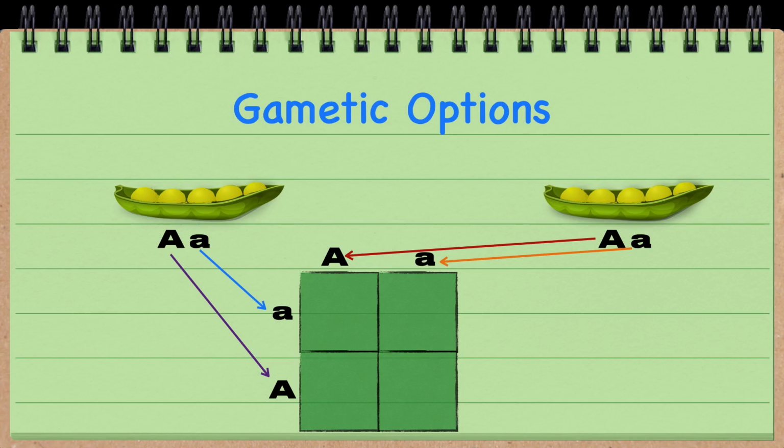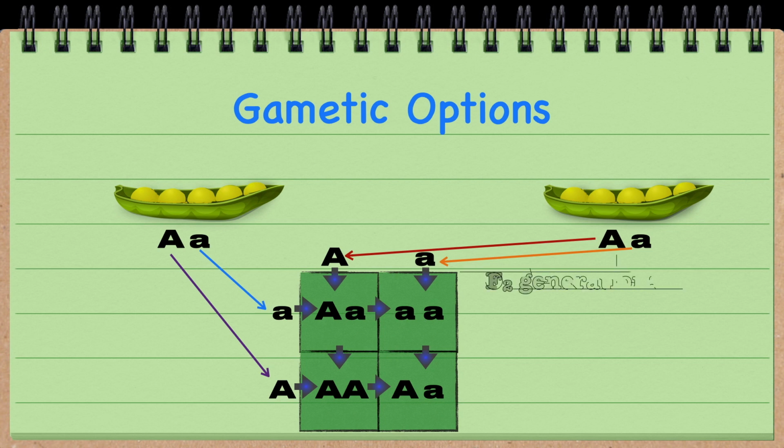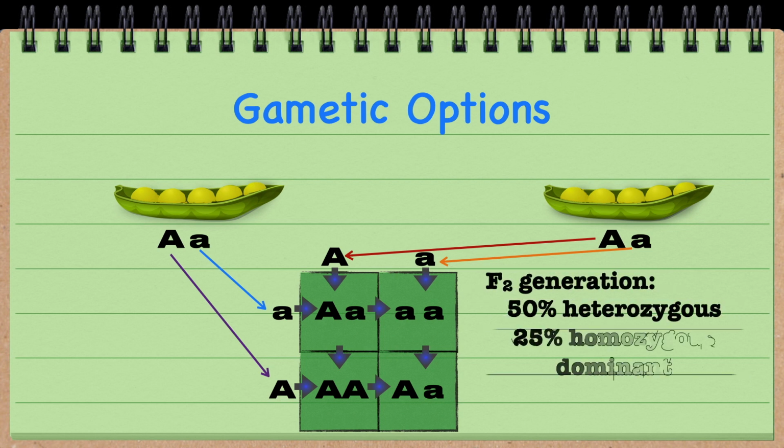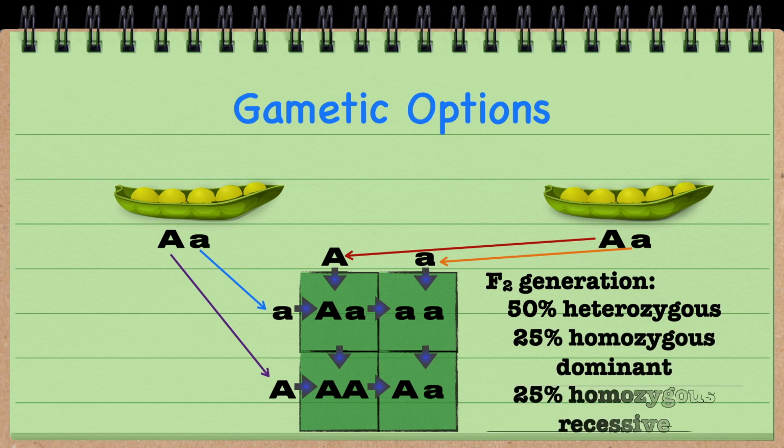Likewise, this far parent can also pass on either the dominant allele or the recessive allele. And just like last time, we're going to fill in our Punnett square, bringing our alleles across and our alleles down. And now we have our F2 generation, which shows that 50% of these are heterozygous.